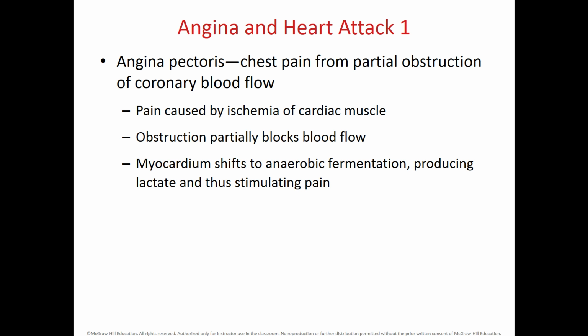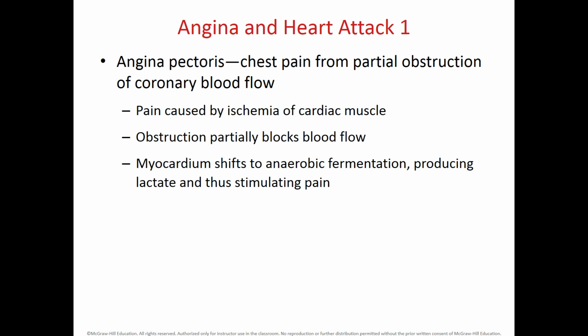And this plaque starts forming little by little, and depending on the degree of obstruction, it will be the lack of blood supply into the heart. Of course, if you have more obstruction, you have less blood supply, which is going to cause starvation of the cardiac muscle, which is known as ischemia.